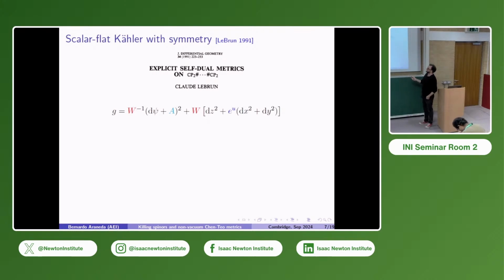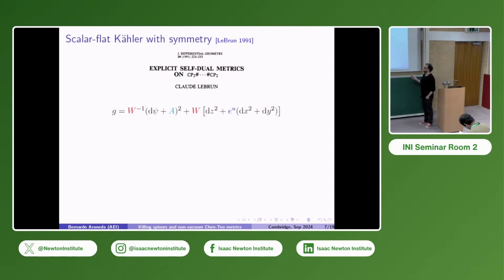You have a function W, the same as the V in the previous slide, and a one-form A, and the novelty here is this function e to the U. If you put U equal to 0, then this is the ordinary Gibbons-Hawking ansatz, but this is a bit more general.